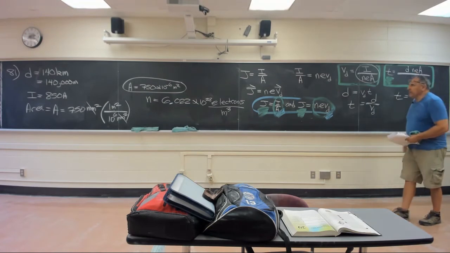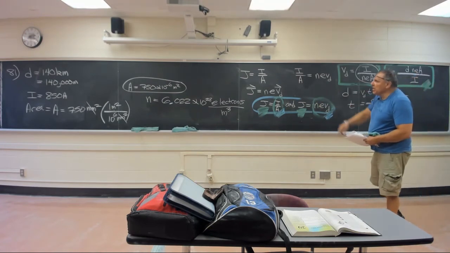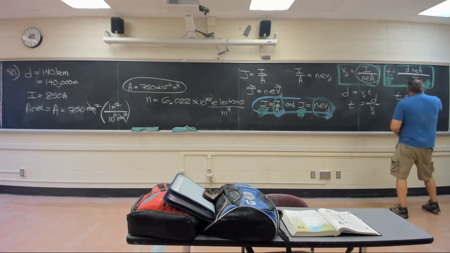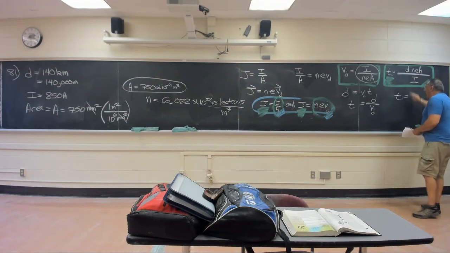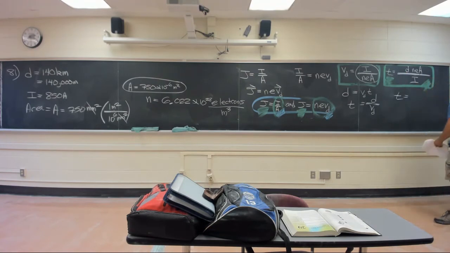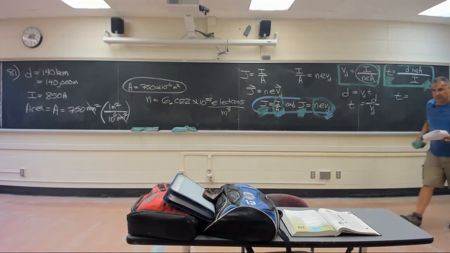Small n is 6.022 times 10 to the 28. And d, the distance between them, is 140 kilometers, which is 140,000 meters. I is 850 amps. We have to make sure to use the MKS system on everything. Plug all that in, and let's see what happens.